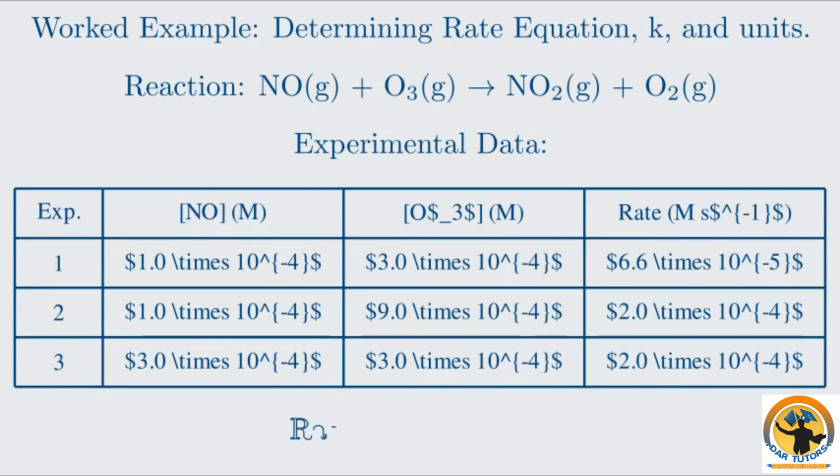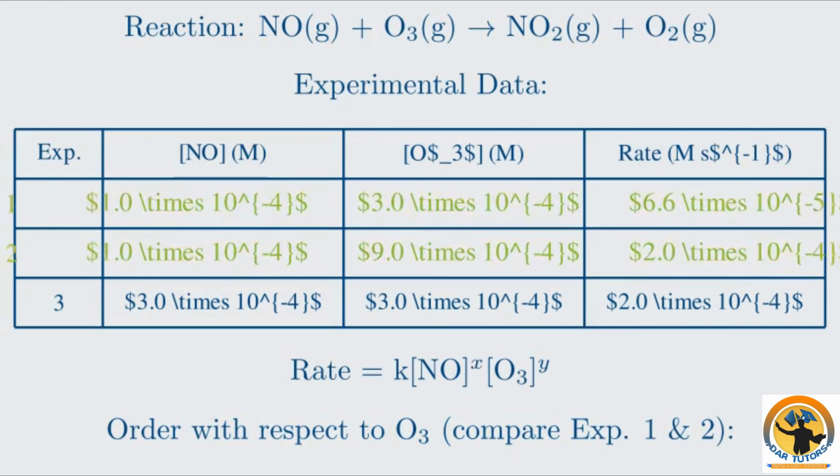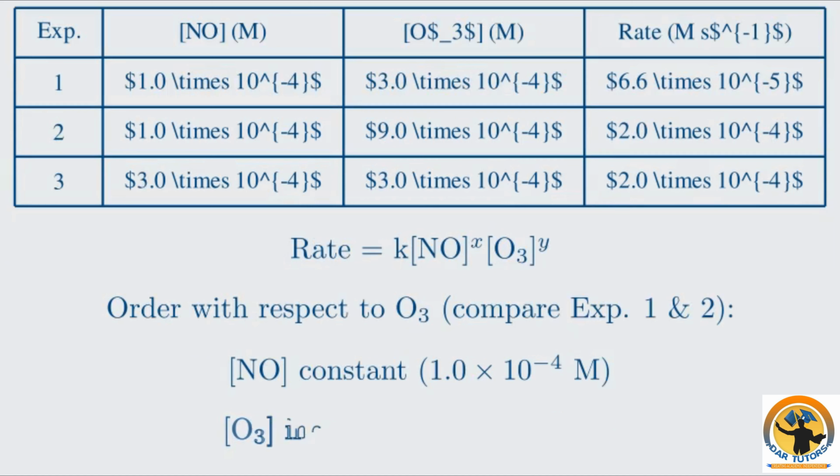Our general rate equation is rate equals k times the concentration of NO to the power x times the concentration of O3 to the power y. First, the order with respect to O3. We compare experiment 1 and 2. The concentration of NO is constant. The concentration of O3 triples from 3.0 × 10^-4 to 9.0 × 10^-4.